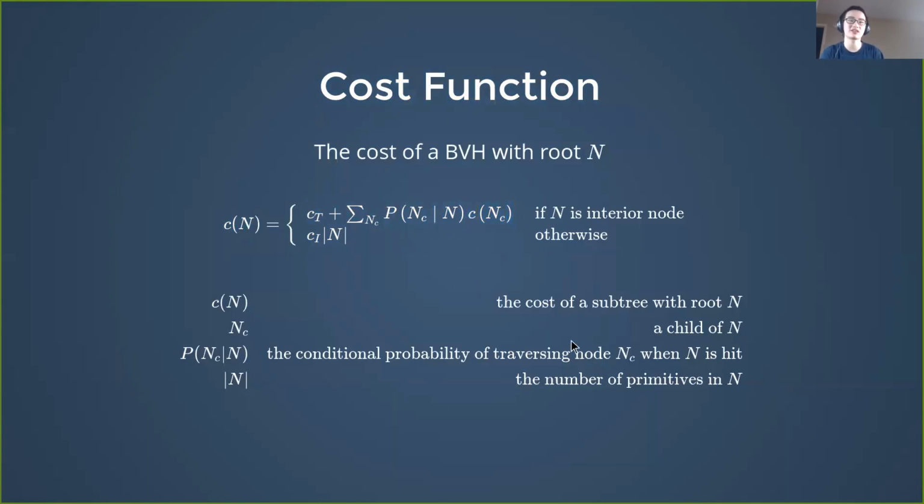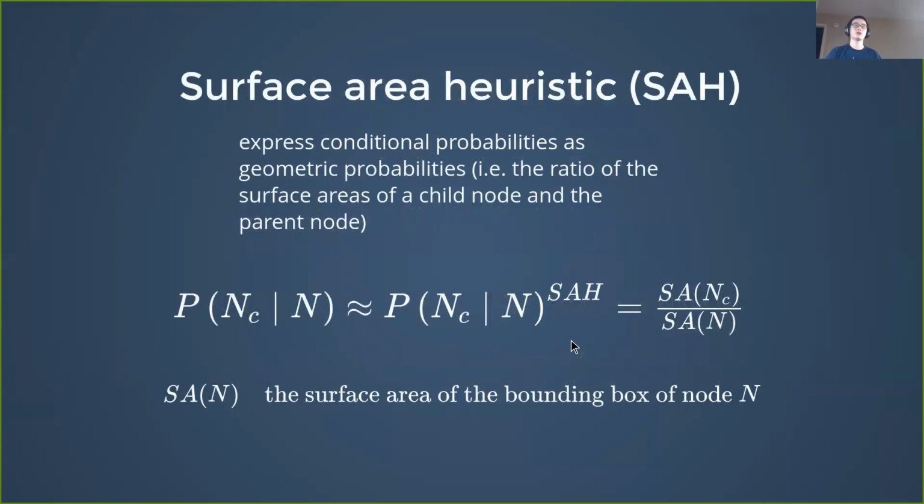So this looks totally theoretical. When does it get useful? In the current form, the cost function is just not easy to calculate, but there is the surface area heuristic, which expresses conditional probabilities as geometric probabilities. In our case, we have this conditional probability of going from our current node to a particular child.